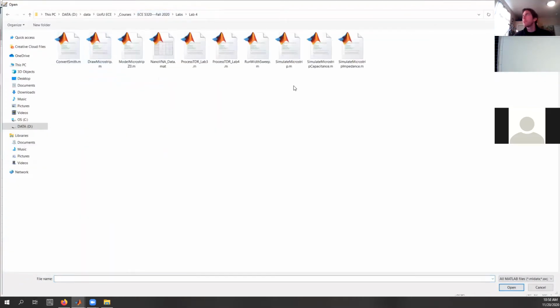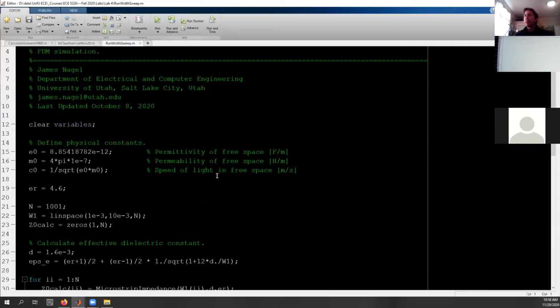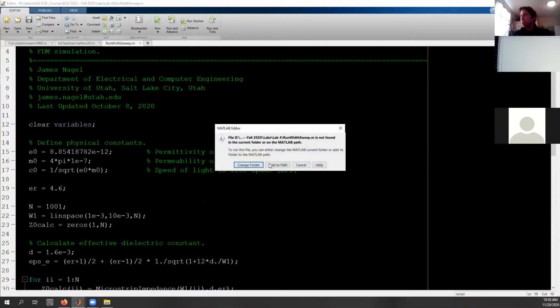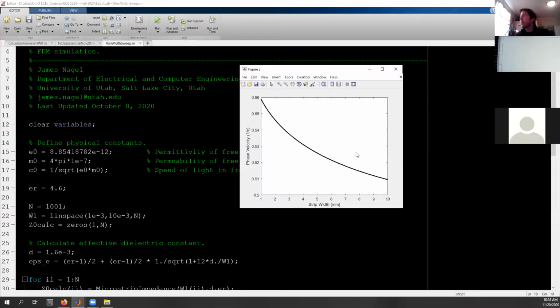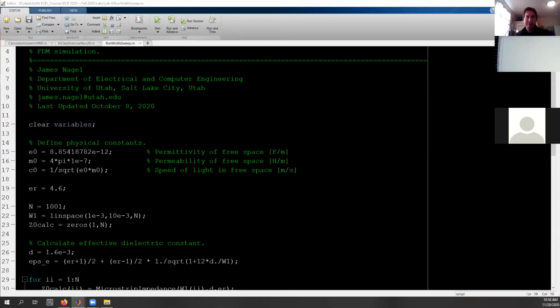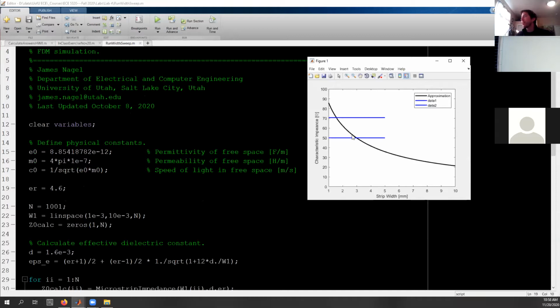I think it was lab 4, where I did this stuff. So we did this back in lab number 4, where we look at our trusty little chart. There you go. So there's our characteristic impedance as a function of our strip width. Oops, that's phase velocity on the graph. There it is. So remember, we did that little intersection point.